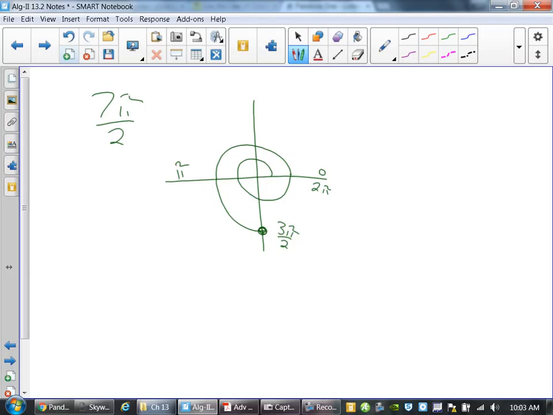No matter how large or how negative it is, you can backtrack it to be within one revolution so that you can find what's called a coterminal angle. Because eventually, this is a functional angle that I can work with. This is not. Here I can find sine, cosine, tangent, cosecant, secant, cotangent values, whereas here it's a lot more difficult to use. I'm trying to make it within one revolution so I can work off the ordered pairs.